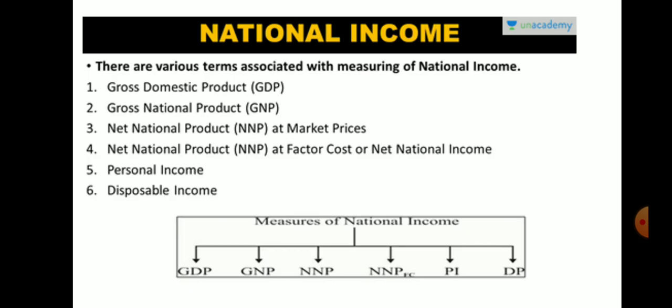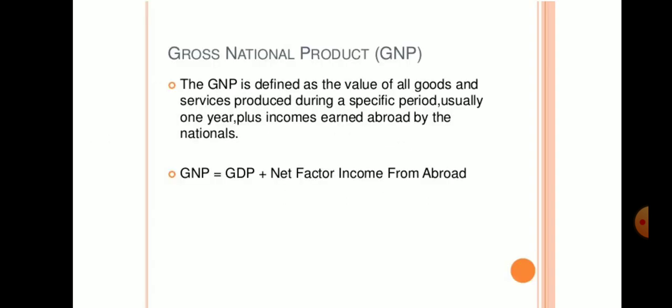This national income is associated with the measuring of various terms. We have six terms associated with measuring national income: GDP, GNP, NNP, all of which we will see in detail.